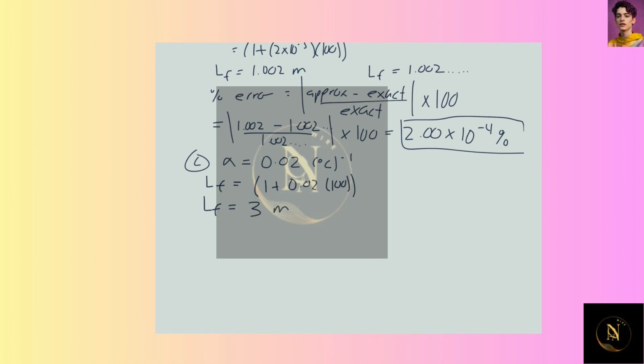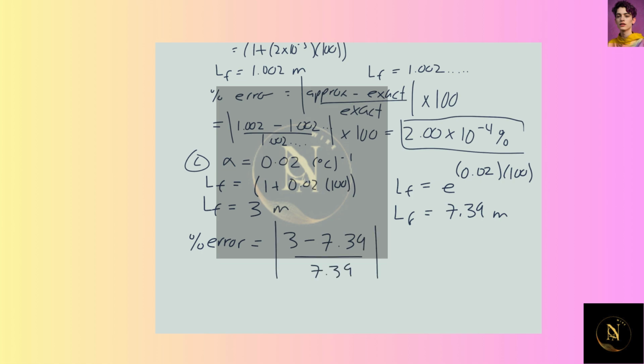And then for our exact, we would do LF is equal to, well, 1 times e to the 0.02 times 100, which is equal to about 7.39 meters. So again, we'll do our percent error calculation, which is just 3 minus 7.39 over 7.39, absolute value, times 100, and that's equal to 59.4%.